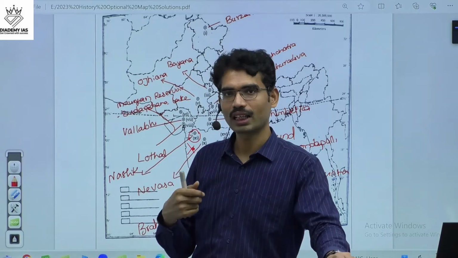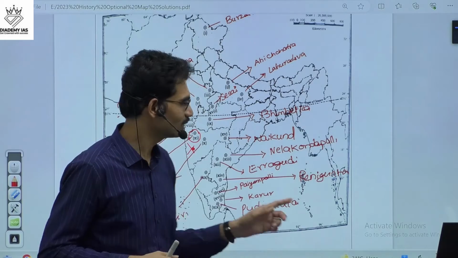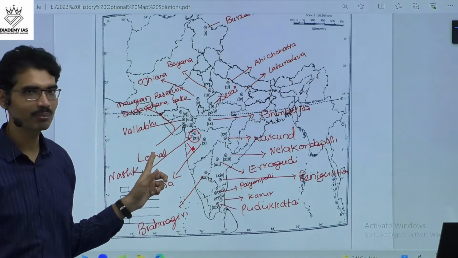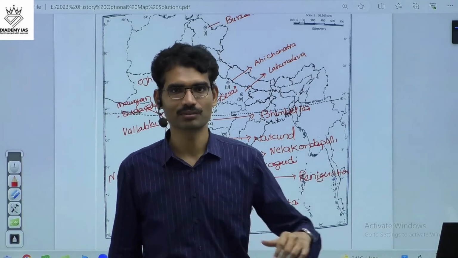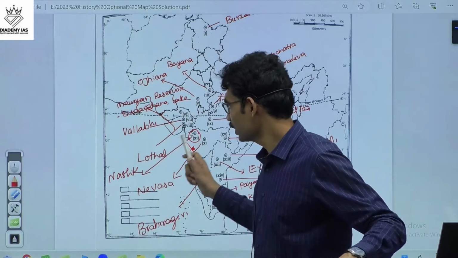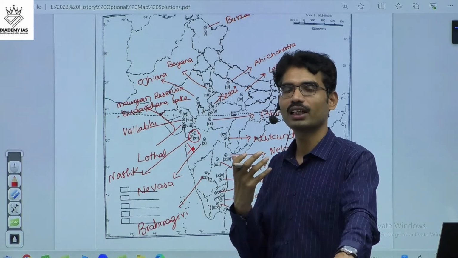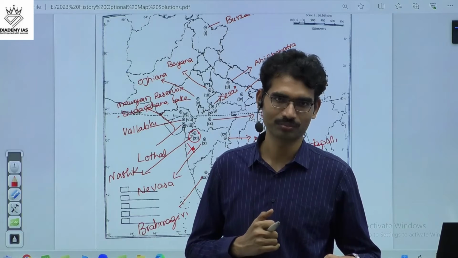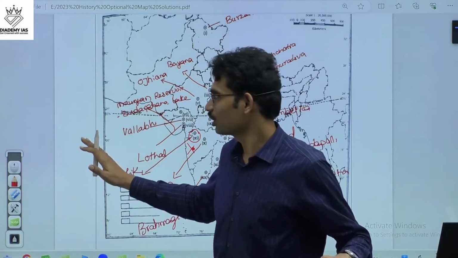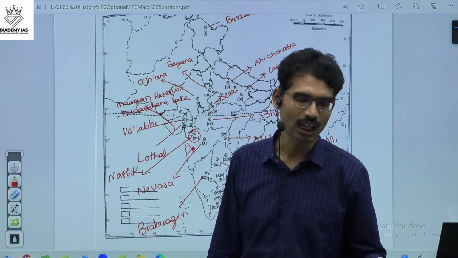That shows the kind of respect the Satavahanas gave to mothers. In fact, this Nashik inscription was issued by Gautami Putra Shatakarni's mother, Gautami Balashri. It is a very important inscription in the reconstruction of Satavahana history. That is what UPSC is asking, and the answer is Nashik.